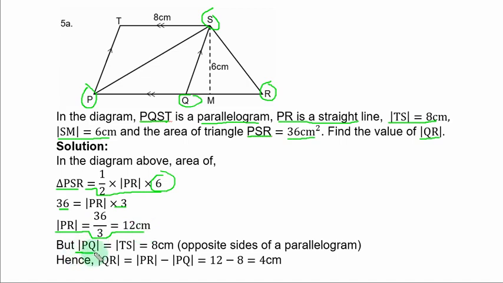But PQ is equal to TS. That is from here to here is equal to from here to here. So the whole of PR is 12, and out of that 12, part of it is already 8, so we can get QR with ease. So QR is equal to PR minus PQ. That is 12 minus 8 equal to 4 centimeters.